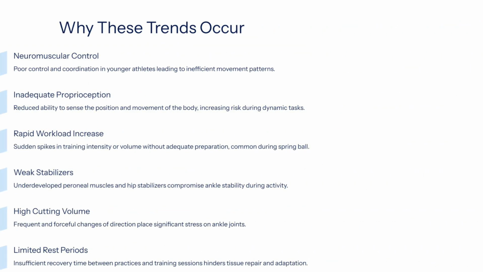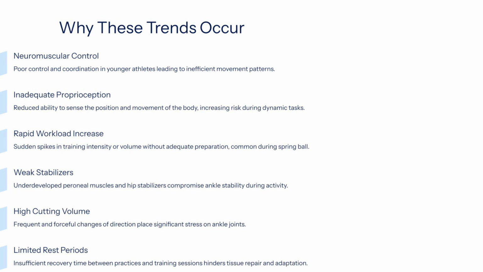Why do these trends occur? Neuromuscular control. Poor control and coordination in younger athletes leads to inefficient movement patterns. Inadequate proprioception reduces the ability to sense the position and movements of the body, increasing risks during dynamic tasks.